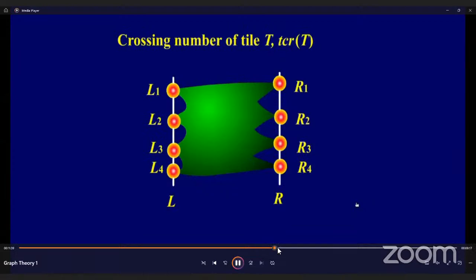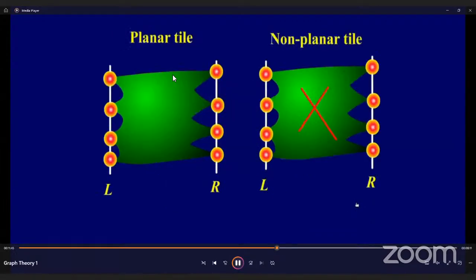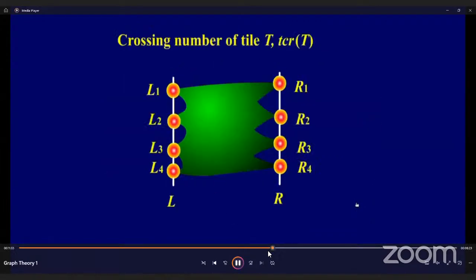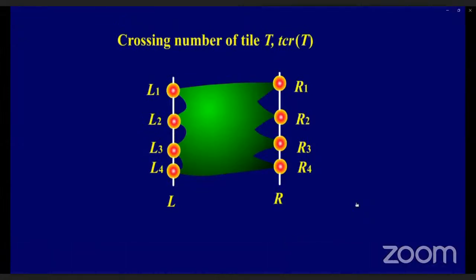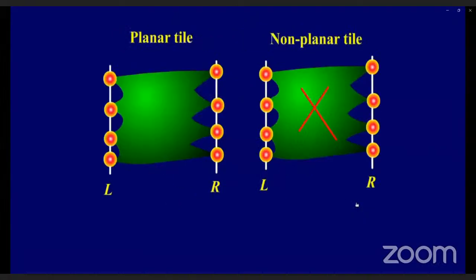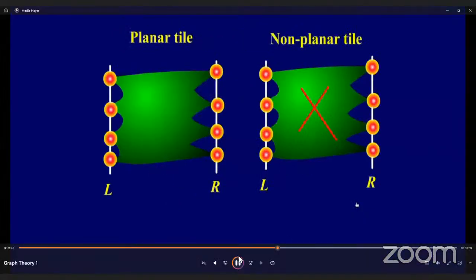The crossing number of the tile is computed when it is drawn like this, with the left wall fixed like this and the right wall fixed like that, and all the crossings inside are what you call the crossing number of the tile. Tile itu ubin, atau tegel.